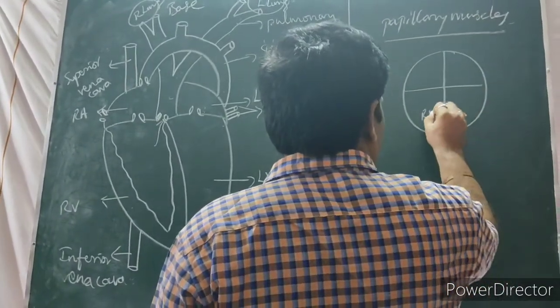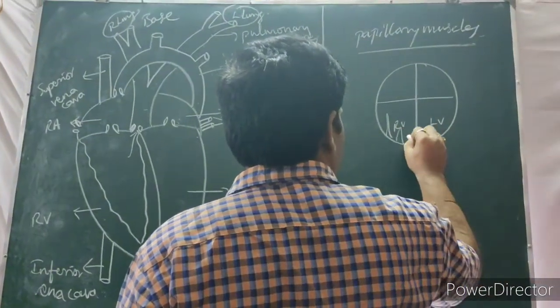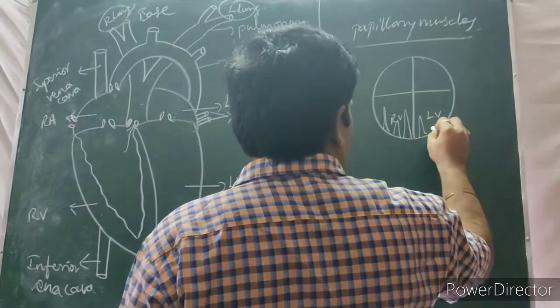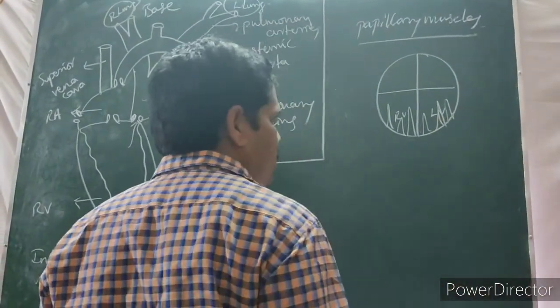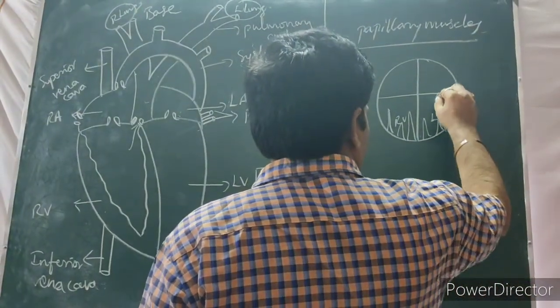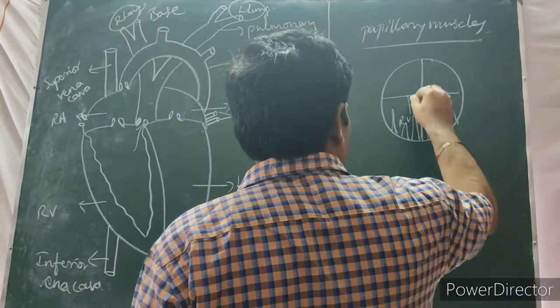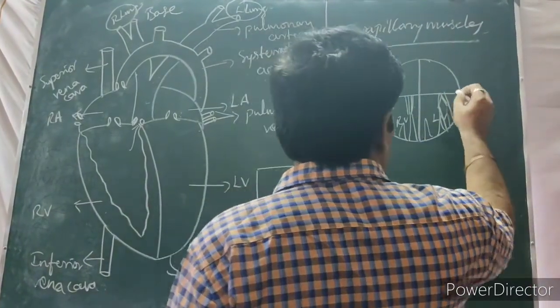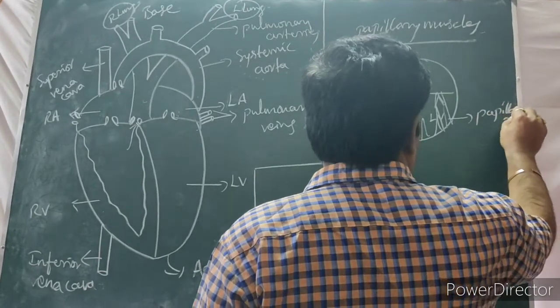In the right ventricle and the left ventricle, the muscles that are there are called the papillary muscles. At the tip of the papillary muscles, thread-like structures are there. Those are called chordae tendineae.